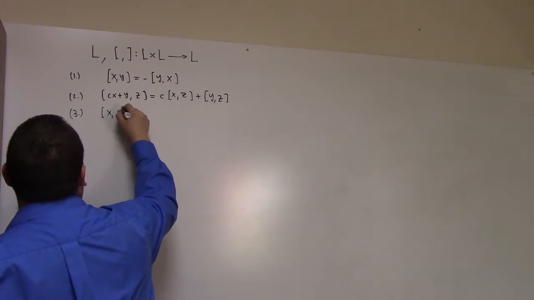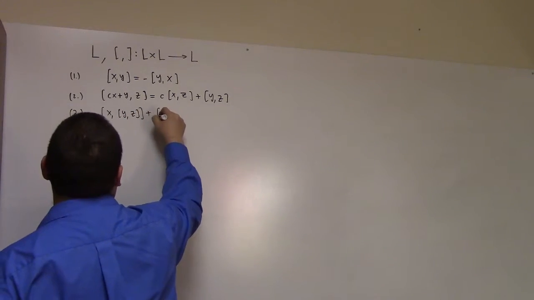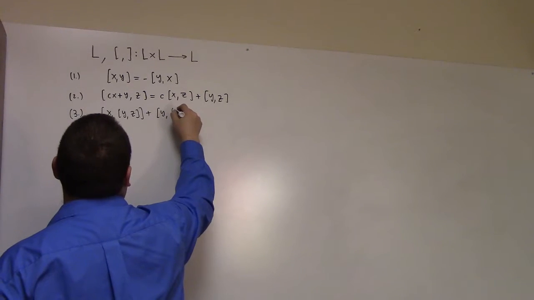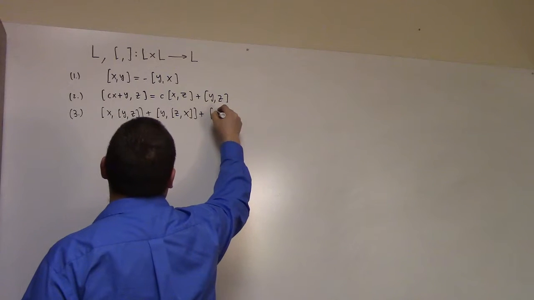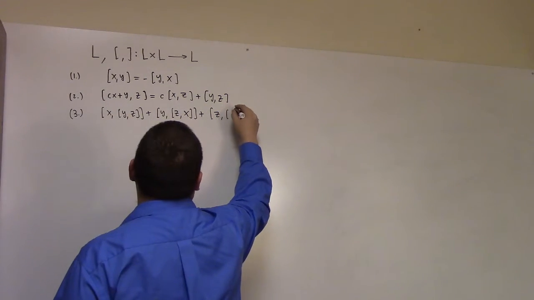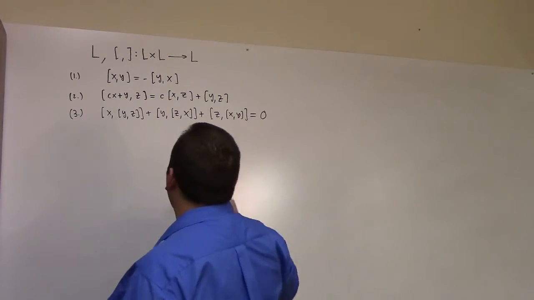Now, here we have cyclic. Basically, you just take x, y, z, and then cyclically permute it, keeping the bracket structure the same. That's the pattern I think about here, personally. You can think about however you like. There, of course, are other ways to remember this thing. Just make sure it's 2 permutations.